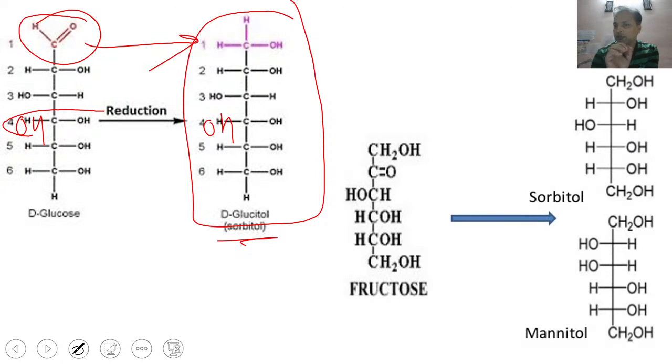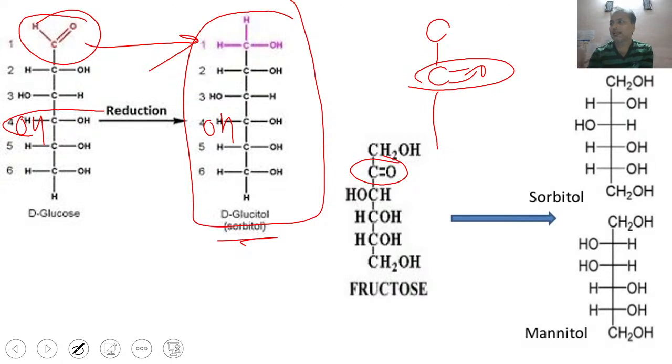This is my fructose. If you see this fructose, it has a ketonic group. So we have one carbon on this side, and then we have the ketonic group, and then we have this part. So we are going to convert this CO into alcohol. So this ketonic group can be converted to CHOH. So this side also you have carbon, this side also you have carbon.